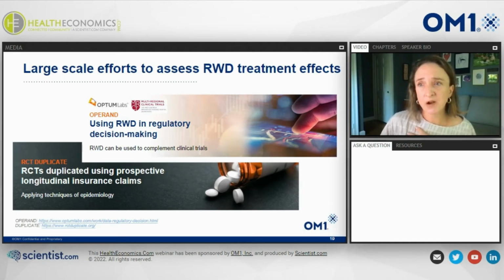So what you're seeing here are two links to two of the major initiatives that I'm aware of, the OPERAND and DUPLICATE initiatives. These are actually both partnerships between pharmacoepidemiologists at Harvard and other RWE stakeholders and leaders, including the FDA, Optum Labs, and more.